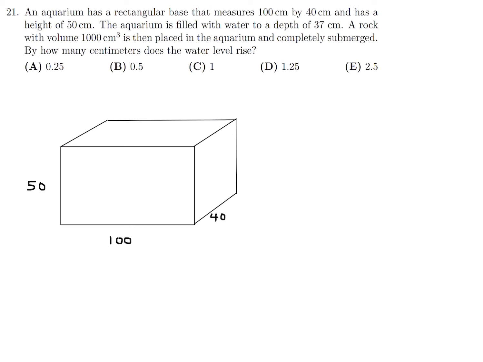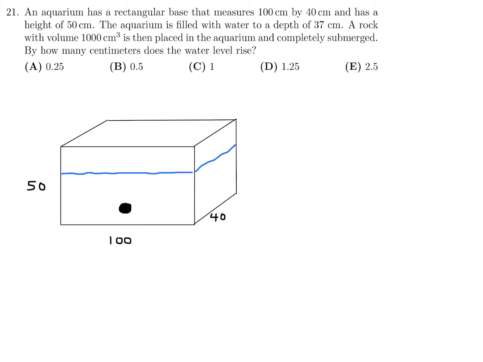And then they tell you that you've got water till about 37 centimeters approximately. And then you drop a small rock or pebble. And that rock, once you drop it in, makes the water level rise a little bit, and they want you to figure out how much.